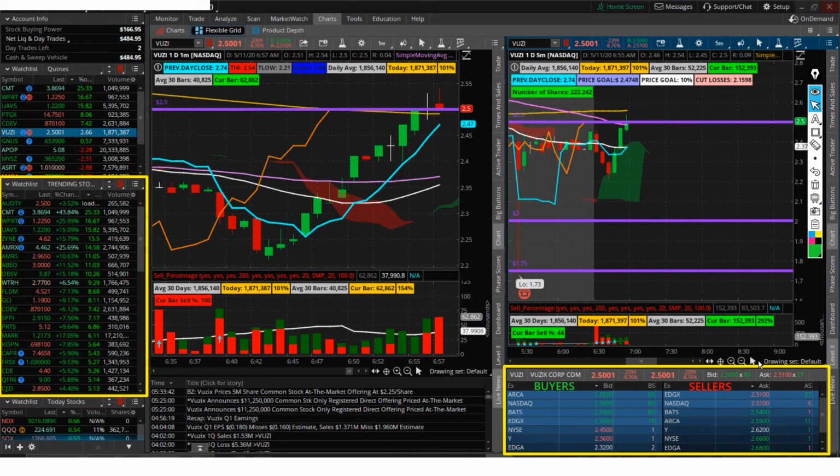So it's trading above it. There's a lot of demand around 2.50. Supply is there, so it needs to pick up a little bit. And demand on the day 1.8 million, so it did surpass it for the day.